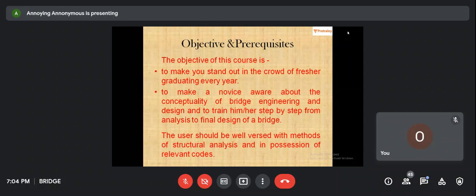What we are trying to do is make you aware about how exactly you can plan, analyze, and design a bridge. Of course, with experience, you will get better.